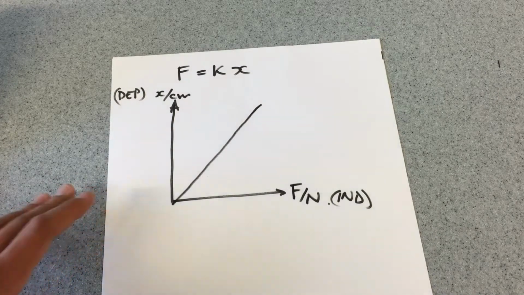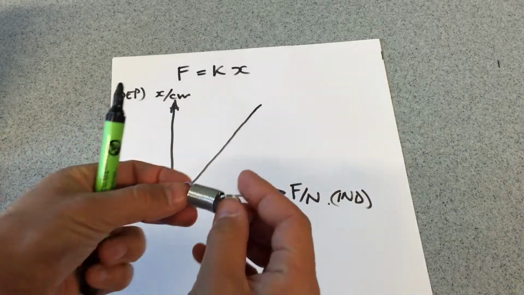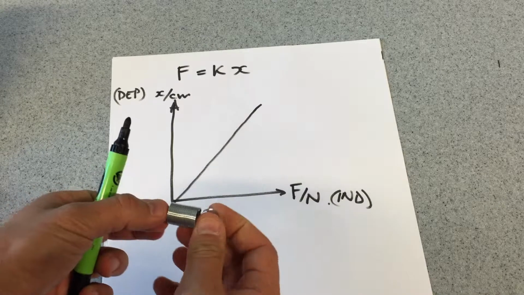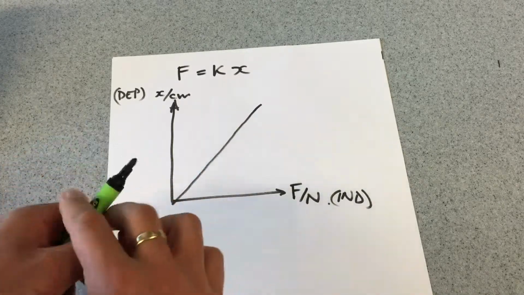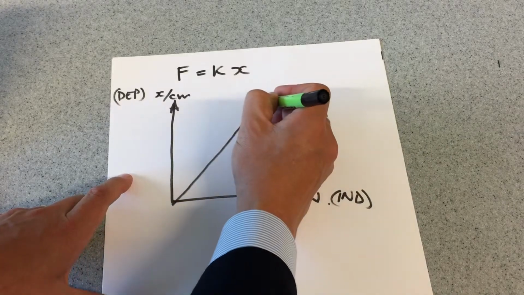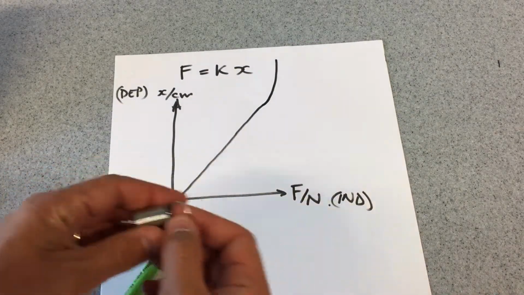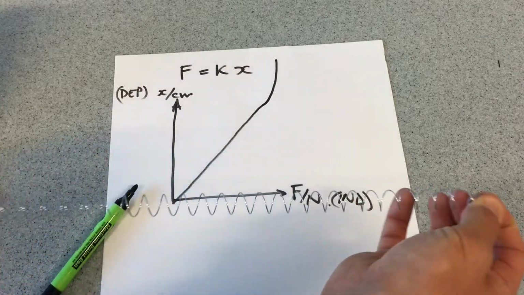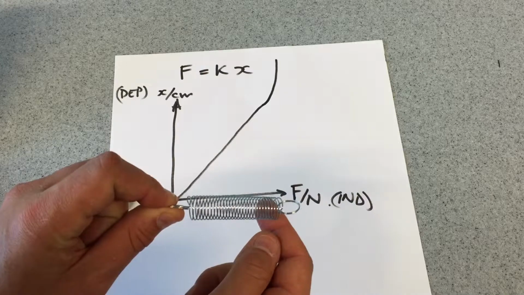However, there will be a case in which you may have the spring stretching and return to its original length. But if you give it too much force and stretch it too far, it goes beyond its elastic limit. So eventually, the spring will do something like that. In other words, at that point, it has overstretched and it will no longer go back to its original position.